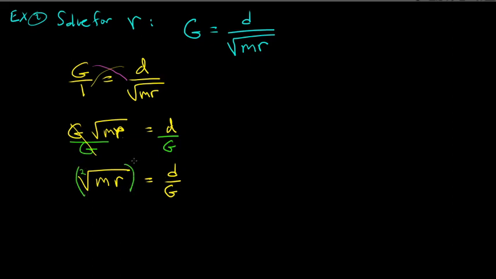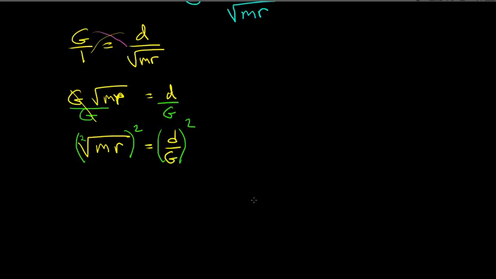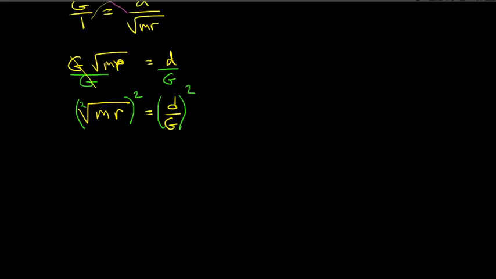So to get rid of this square root, yep, square both sides. All right. And by squaring the left side, you get rid of the square root, so you still have m times r. And on the right, this is d times d, d squared, divided by g times g, g squared. So you get d squared divided by g squared.